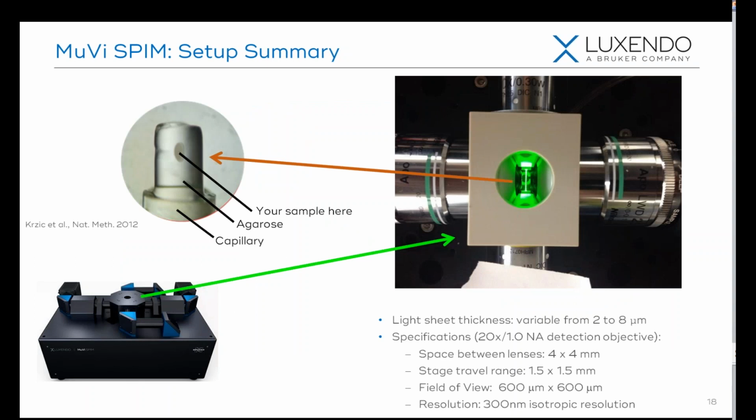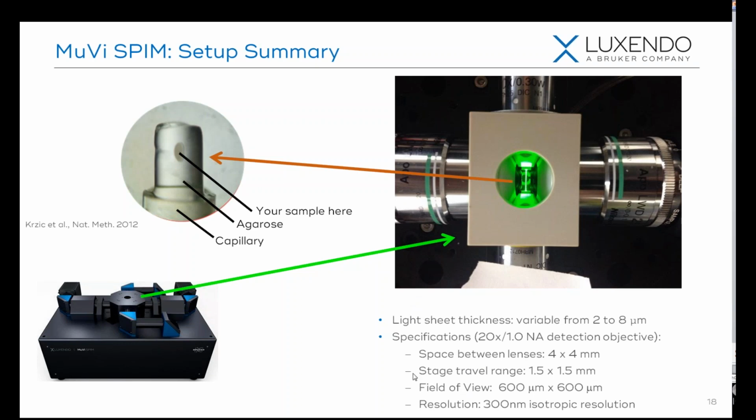So to summarize, the 4-objective geometry multi-view system here. We hold our sample in between this light sheet by immobilizing it in a cocoon of agarose or in an FEP tube.